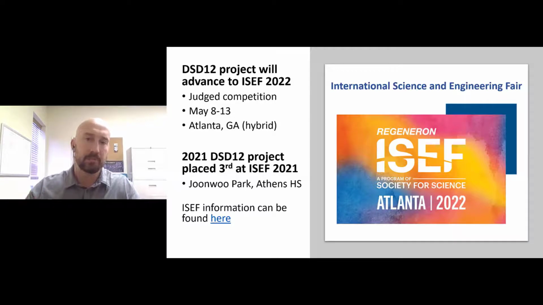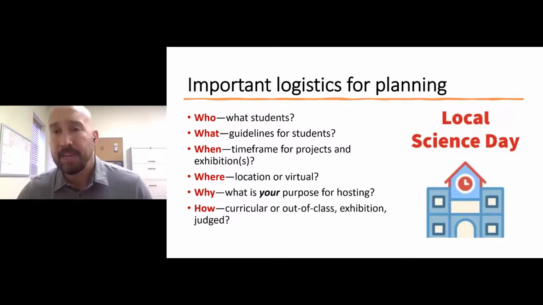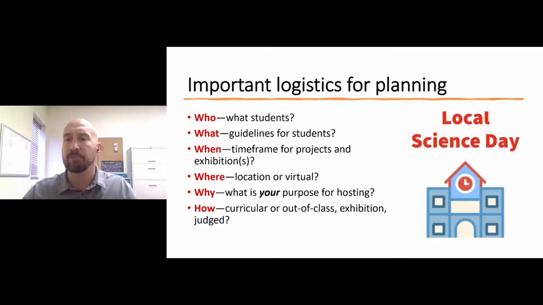So the district and state level events in Ohio are very well aligned for students to compete in the international fair. It can be helpful to think ahead and plan backwards if it is your intention for hosting a local event to ensure your students are eligible to matriculate to larger competitions.